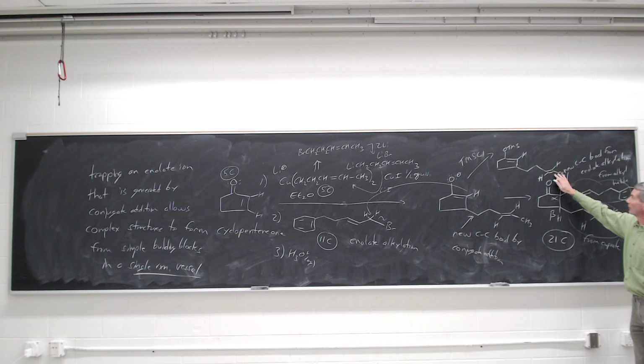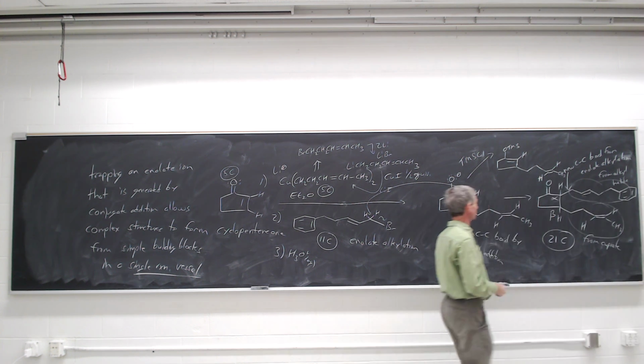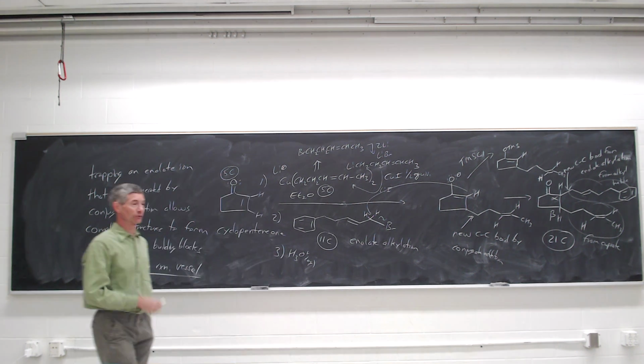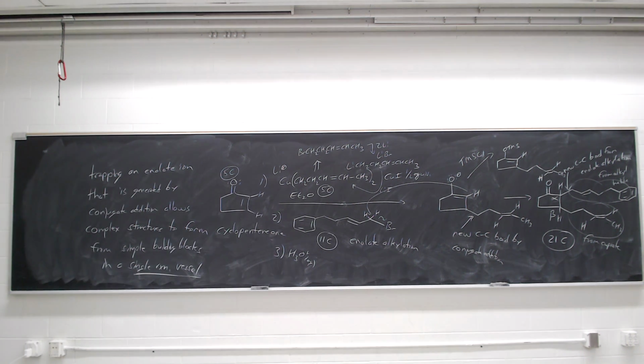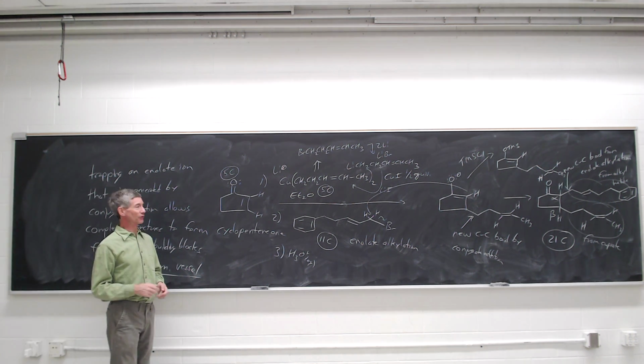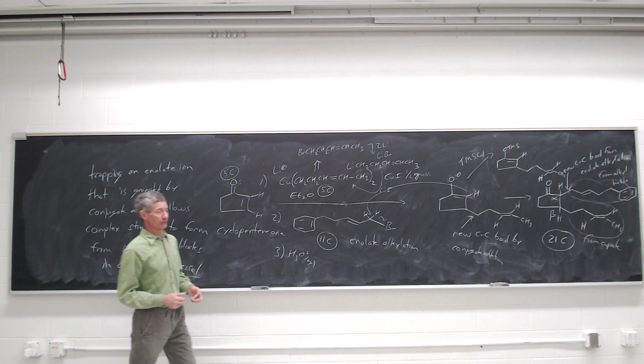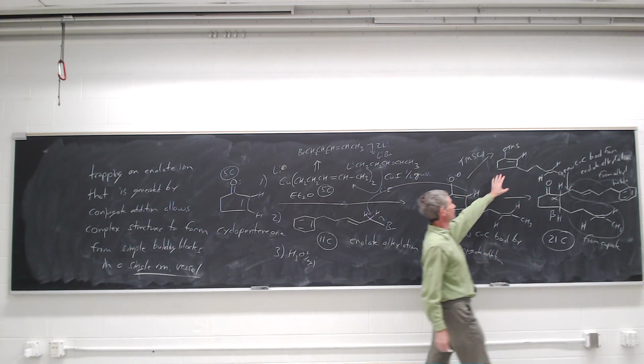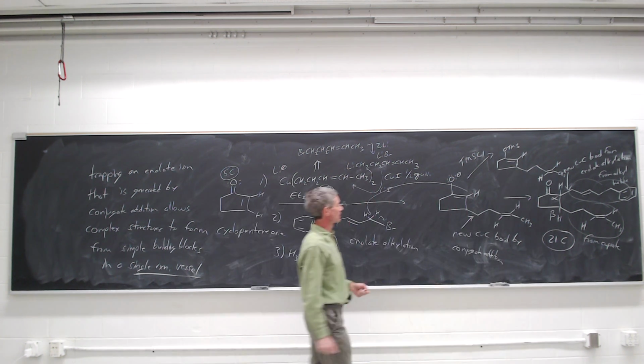So if I wanted to do something to this double bond, I could potentially do that. Or if there was an alcohol in that group that I wanted to protect or oxidize, I could do other chemistry using the silyl ether as a way of protecting the carbonyl.